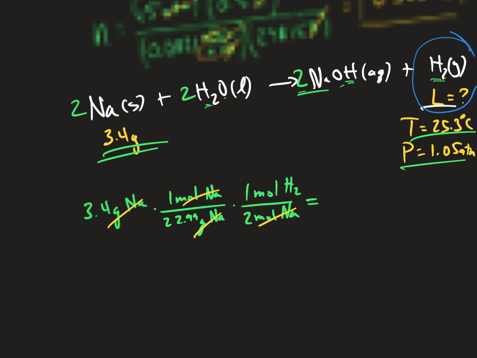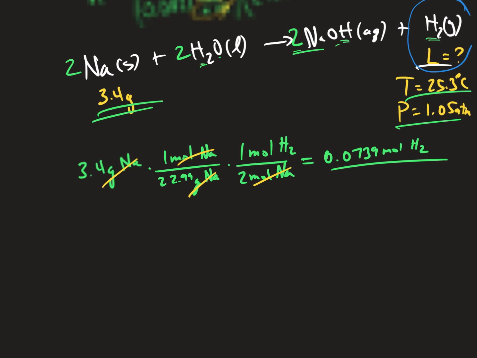So we take 3.4 divided by 22.99, divided by 2, and we get 0.0739 moles of hydrogen. But that's not our answer. We're not done. Are we good so far?